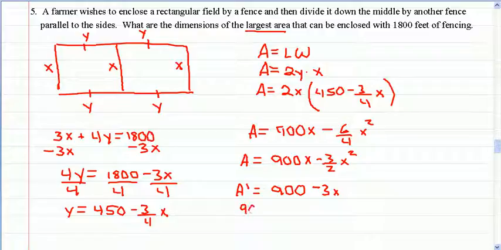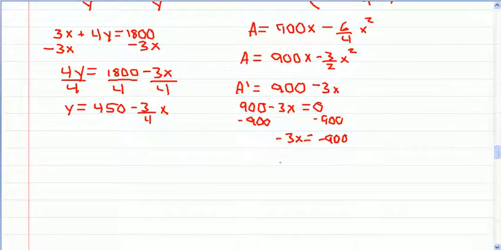If I take 900 minus 3x and set it equal to 0, negative 3x equals negative 900. x is equal to 300.